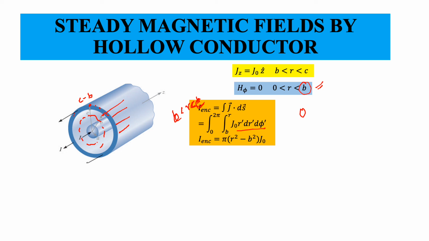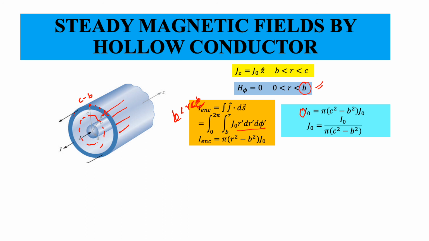What would be the total current coming out of the surface? The total current is when r is equal to c. That would be the total current I naught, which is equal to J naught pi times c square minus b square, which implies that I can replace J naught as I naught by pi times c square minus b square.